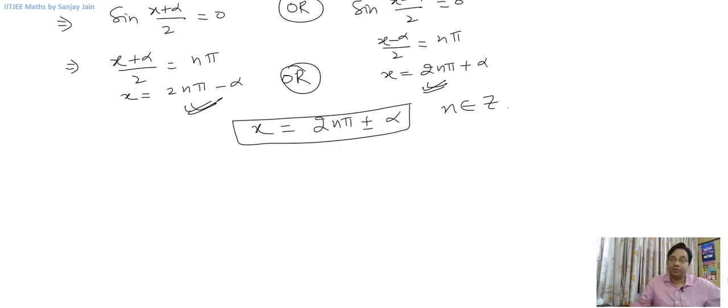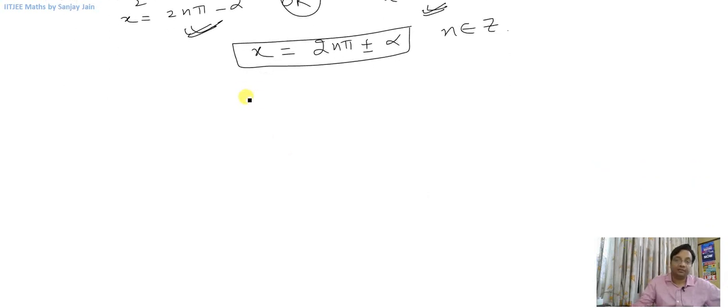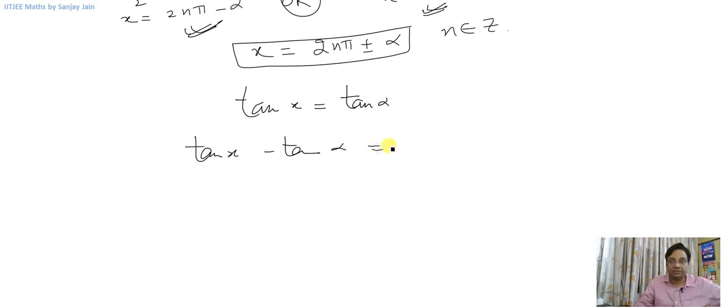Similarly, you can talk about tan x equal to tan alpha. So I can write it as tan x minus tan alpha equals 0.